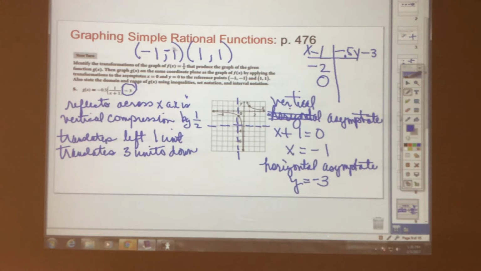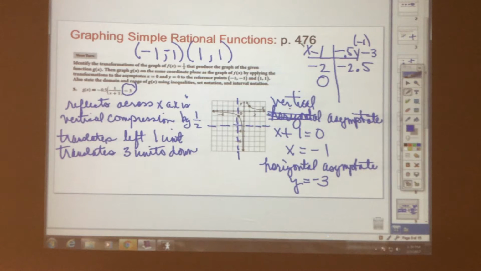Now I'm going to put the y values in. Negative 1 in for y. Negative 0.5 times negative 1 is going to be a positive 0.5. Minus 3 would be negative 2.5.